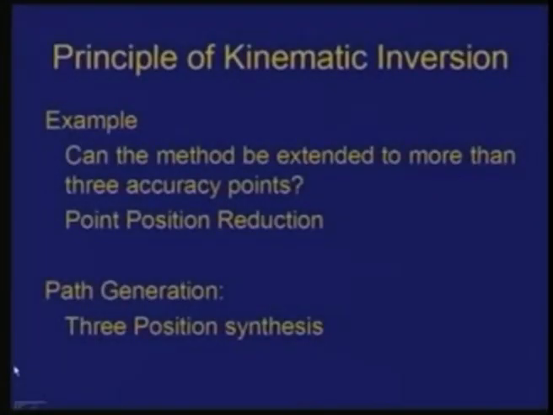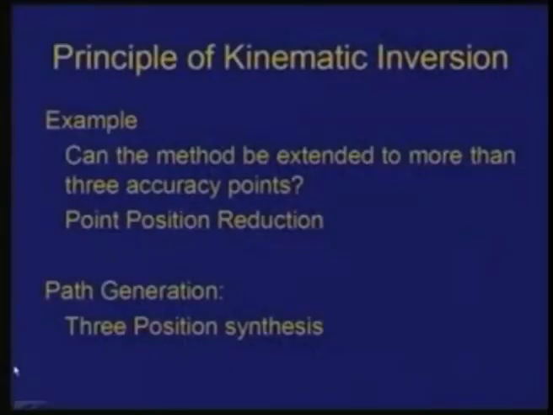We must have noticed the most important point of this graphical method is the principle of kinematic inversion. The student should note on which link inversion should be done, that means which link should be held fixed, and on what configuration. We have a choice. We can choose the inversion to be made on the first, second or third configuration.